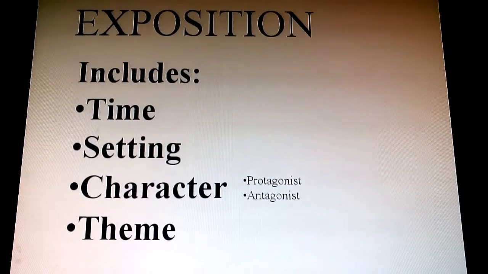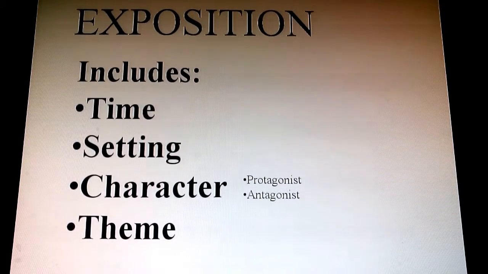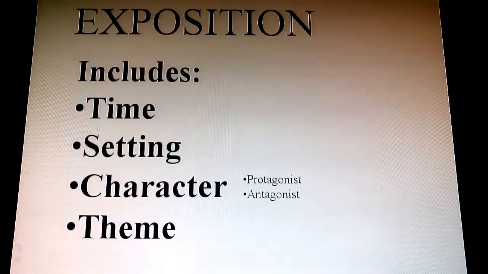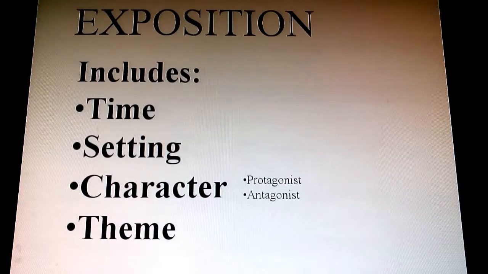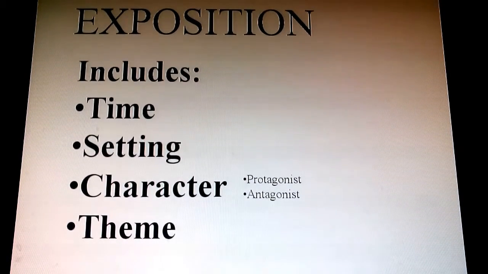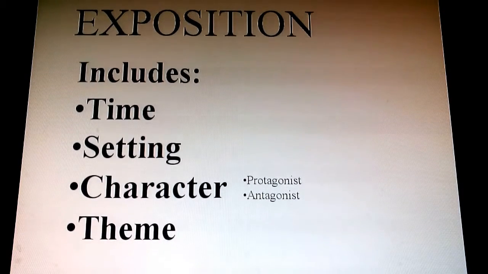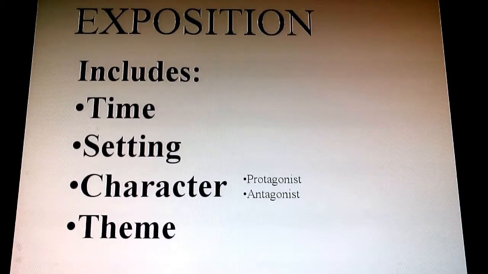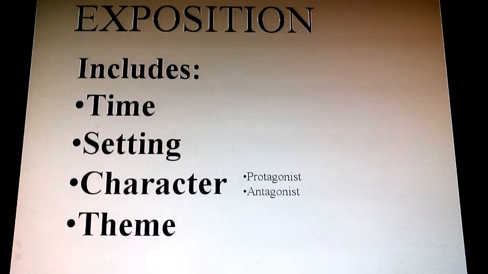The protagonists are the ones who are highlighted as the heroes or the underdogs in the story, while the antagonists are the ones oppressing or degrading the value of the protagonist. So it's a give and take situation, and these characters are developed based on how the author portrays them.